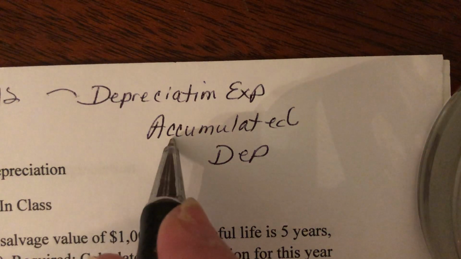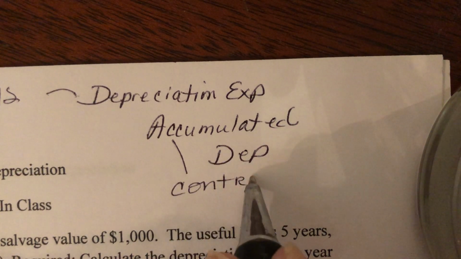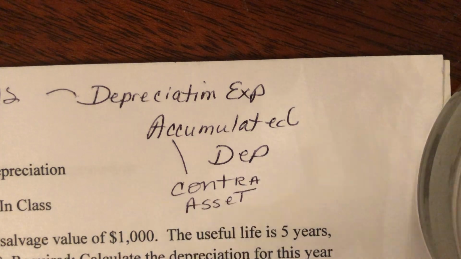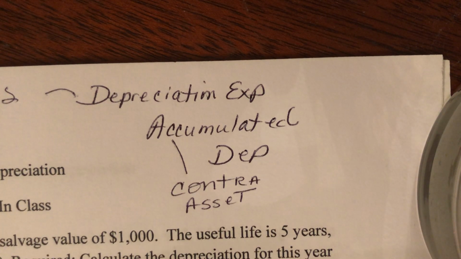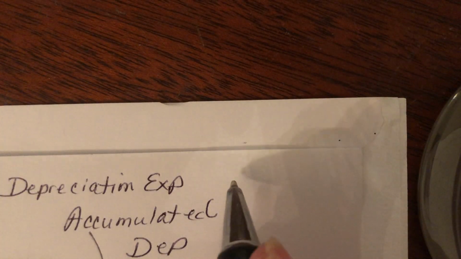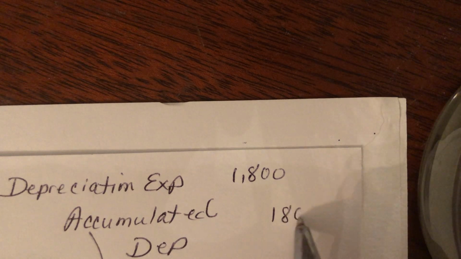Okay, accumulated depreciation is what we call a contra asset. Contra meaning it goes against the normal balance of an asset, and in this case it would be equipment. So when we get this depreciation amount every year at the end of the year, we would put in a journal entry, and this is one of those adjusting entries.